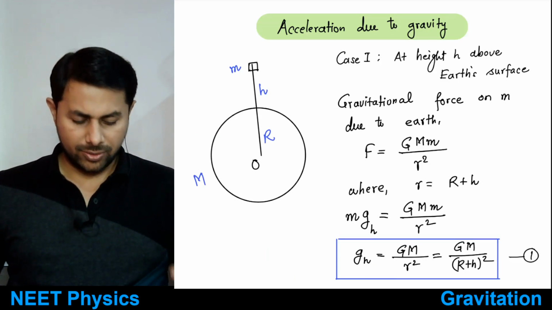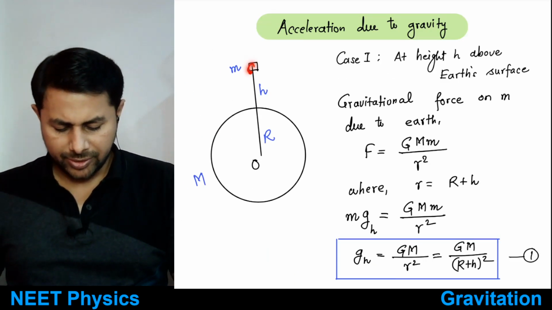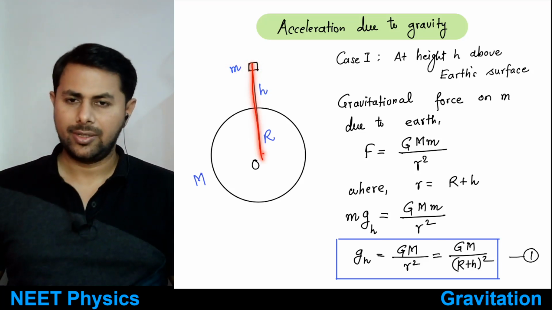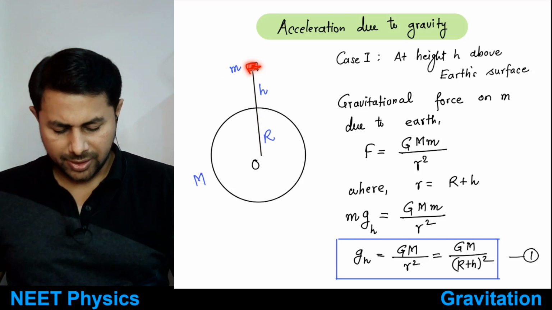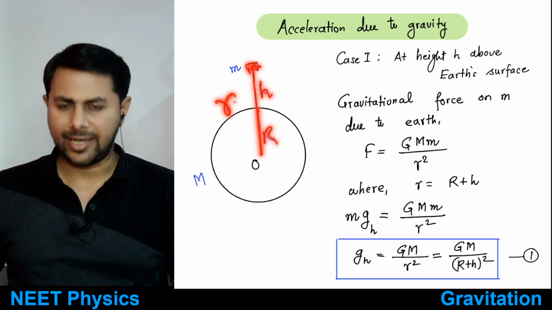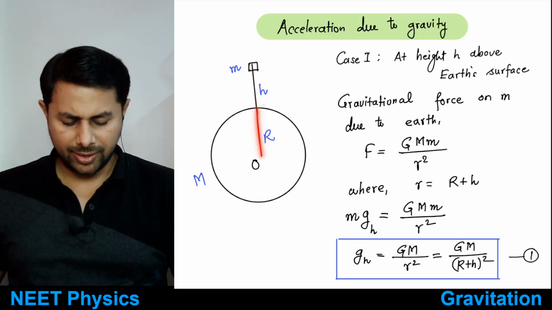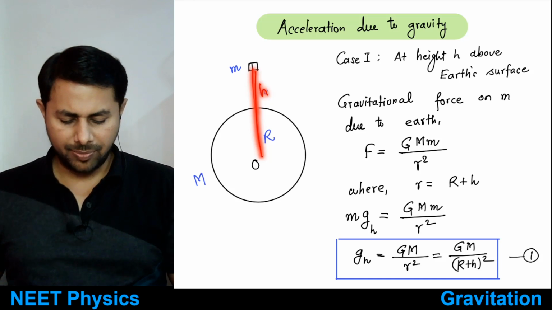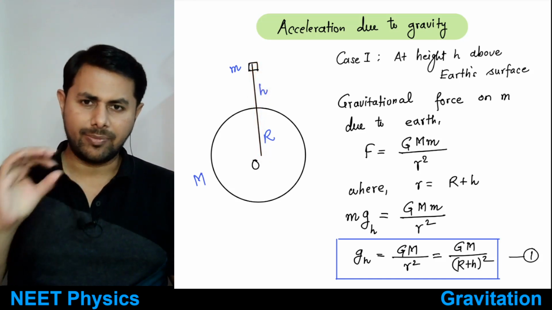So now consider this case. Suppose this mass is at this height h above the Earth's surface. So suppose distance of this m from the center of Earth is equal to r. So what will be this r? It will be radius of Earth plus height h, the distance between the center of Earth to the position of that mass.